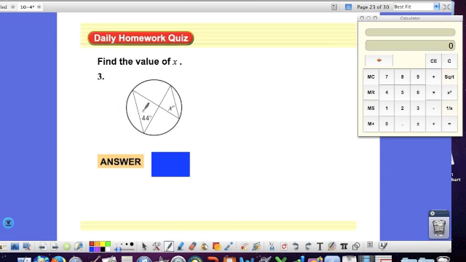So on this one, we're finding the measure of the arc. You can see that the angles intercept the same minor arc. Or really any arc for that matter, but in this case it's a minor arc. So X is congruent to here. So it is 44 degrees.